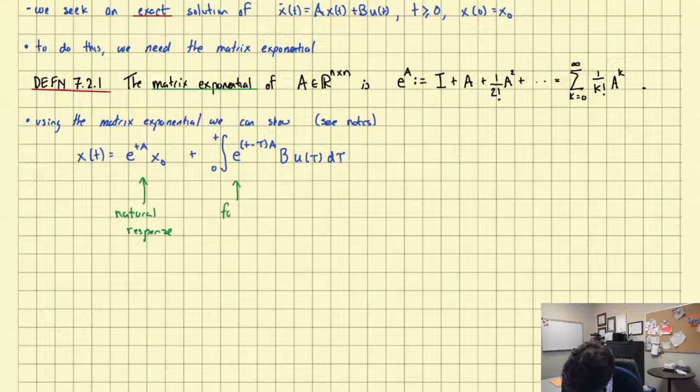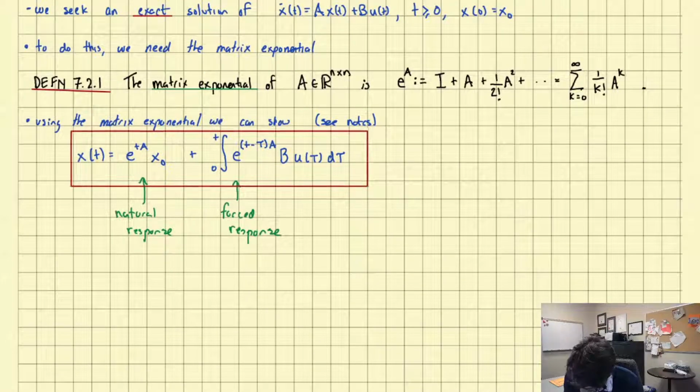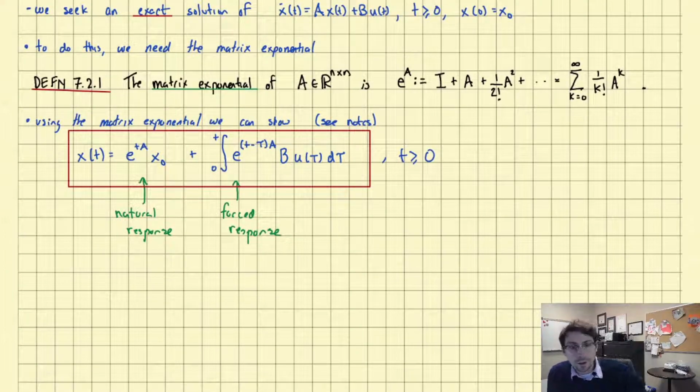This is our forced response. And that whole thing together is the total response, for t greater than or equal to 0. Okay, and the reason why we want this expression is because I want to be able to sample it and pull out the discretized A matrix and the discretized B matrix.